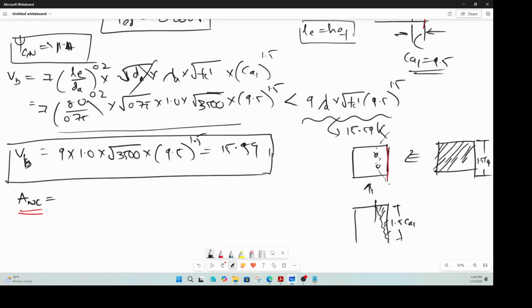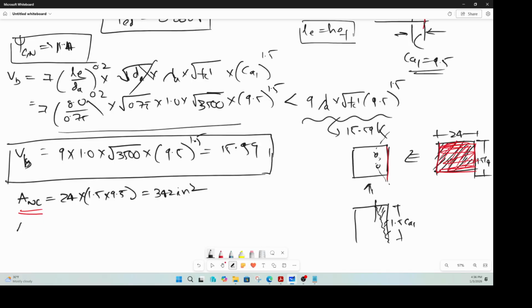So this entire area would be your shear area, your AVC. The width is 24, so 24 times the depth, which is 1.5 times CA1. So this will come out to 342 inch square.